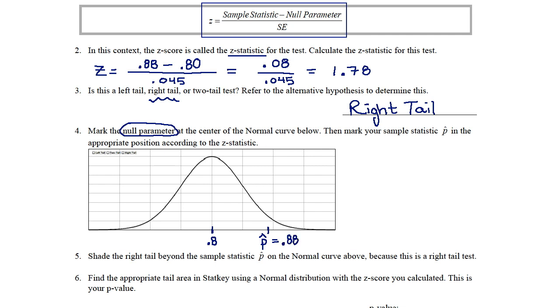And what we used to know where to mark that is that we have a z-score of 1.78. So that 1.78 is really the value that I'm going to use in StatKey. I will shade this area.